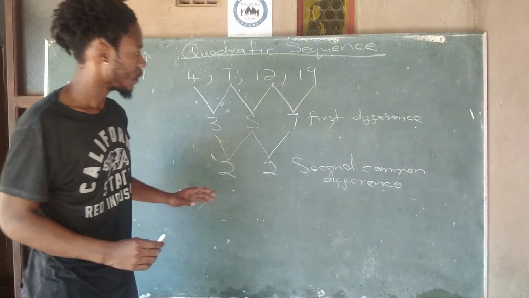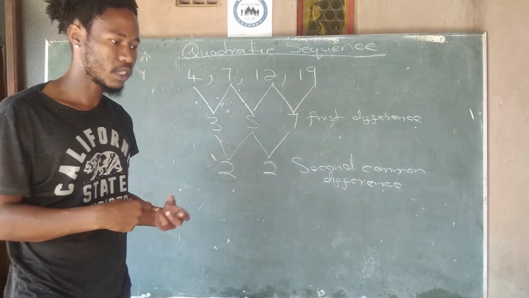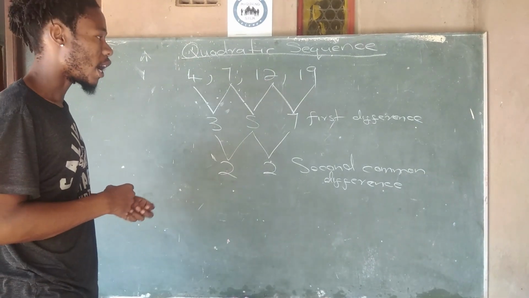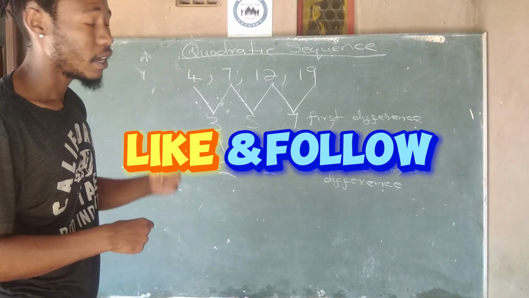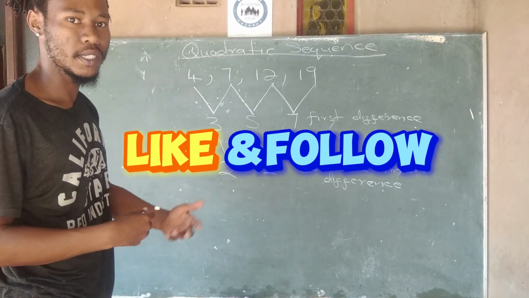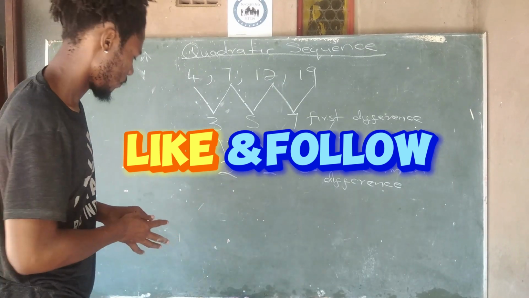So in this case, we won't use the very same methods we used when we find our general term on the linear sequence. Quadratic sequence operates in a different way.